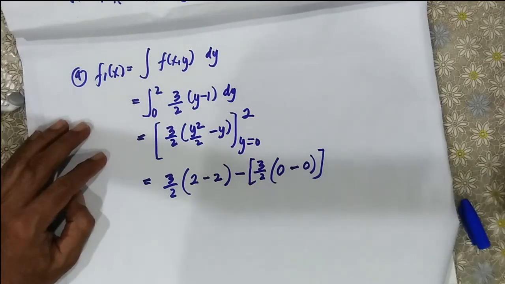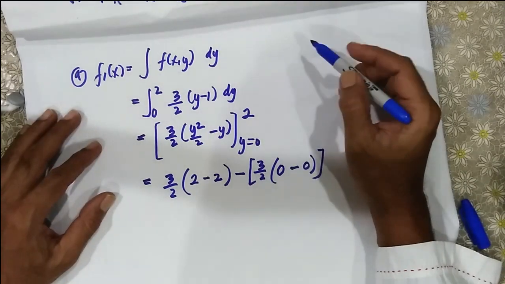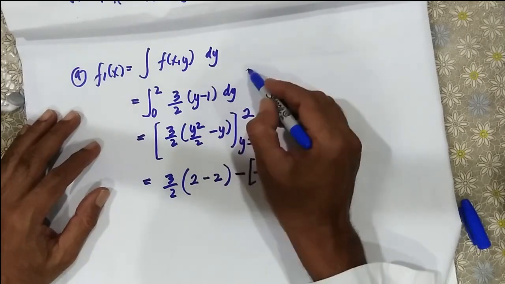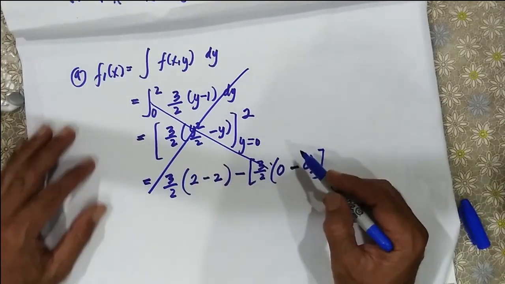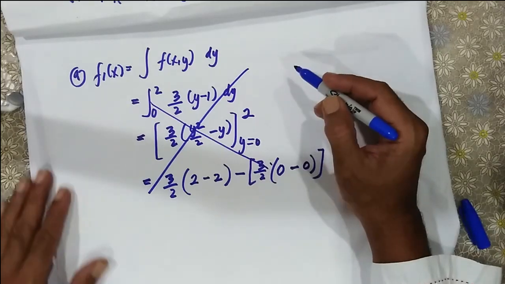Sorry, the range here is not right because of our limit. The limit for x here, so this is wrong. Now, for the limit for x, we have to refer to the limit of x here.